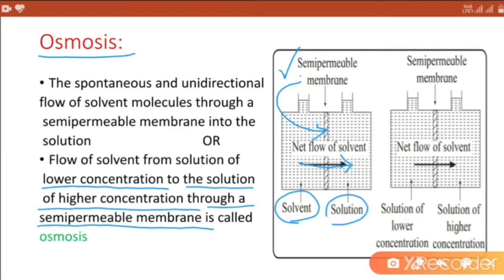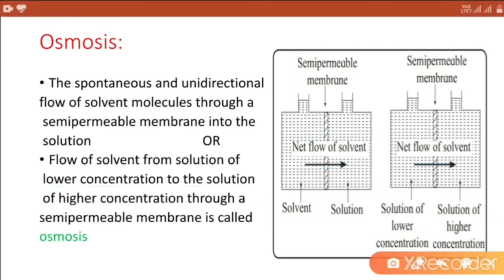See the second diagram, in which the net flow of solvent from solution of lower concentration to the solution of higher concentration is represented by this arrow through the semi-permeable membrane. Semi-permeable membrane allows only the solvent molecules and not solute molecules.